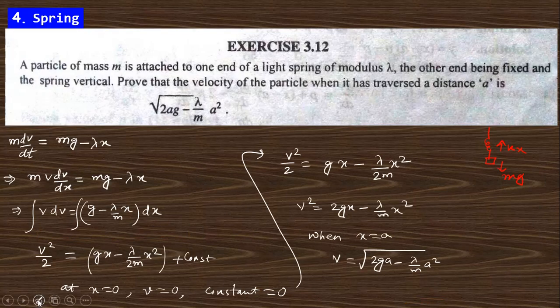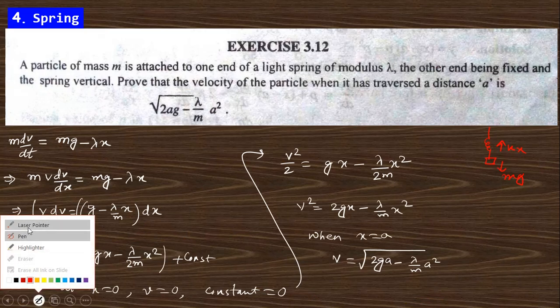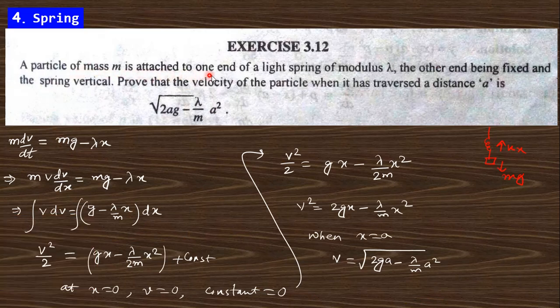Next, this is a spring. A particle of mass m is attached to a light spring of modulus lambda. Prove that the velocity of the particle when it traverses a distance a will be like that. So the equation of motion is: this is force, mg minus lambda x, and this can be written as dv/dx into dx/dt, which is v.